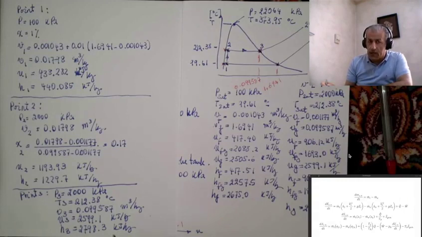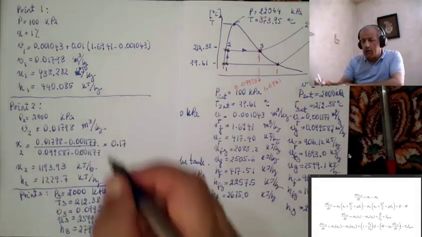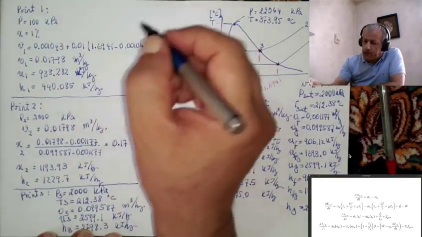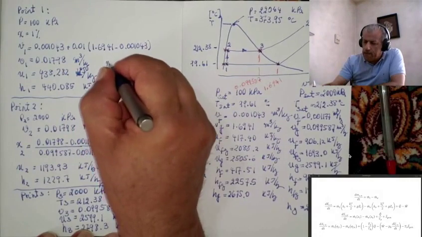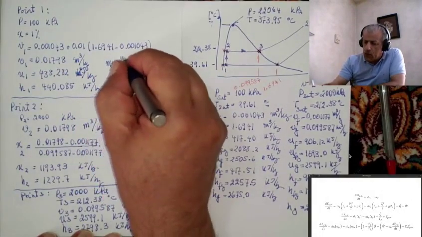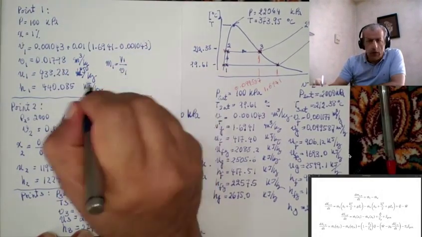So we now have all properties for all 3 points, except one property which we haven't yet dealt with, and that is mass. We can also calculate mass for all these 3 points. Let's do it here. m1 equals V over v1.